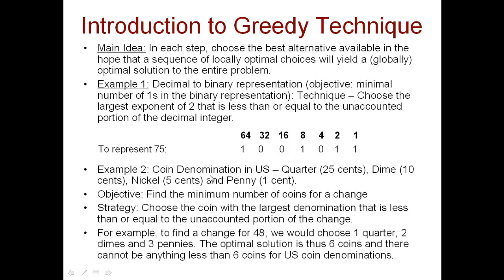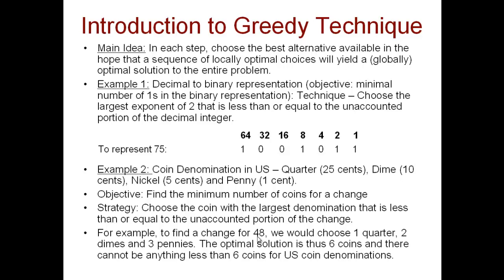The coin denomination problem. If you go to a grocery store and you want change for some value, say in cents, let us say you want change for 48 cents. You would expect the grocery store person to give you the change with as few coins as possible.